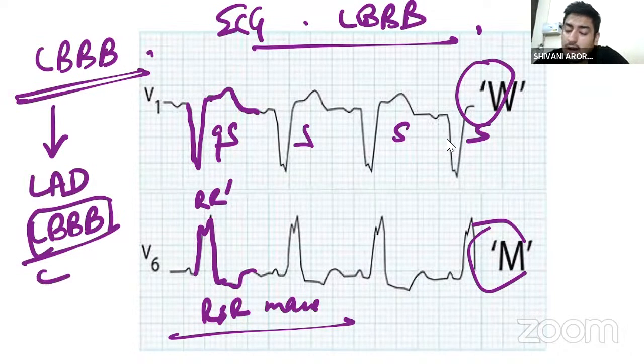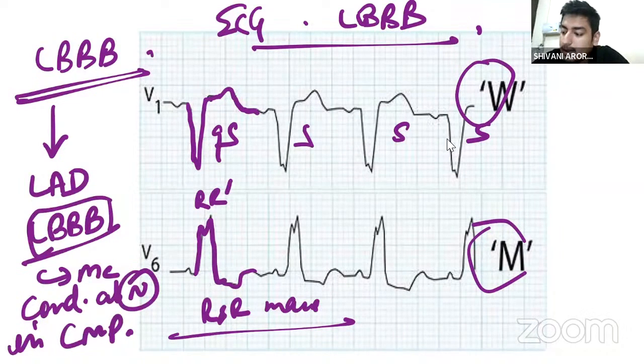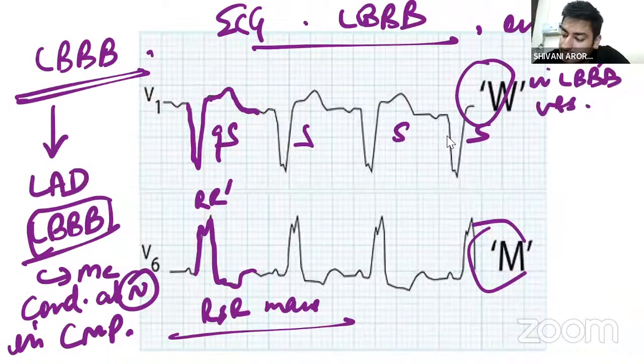And on auscultation in LBBB patients, since S2 has two components, that is A2 and P2, and in LBBB the A2 component would be delayed, we would be having this reverse splitting. Clear?